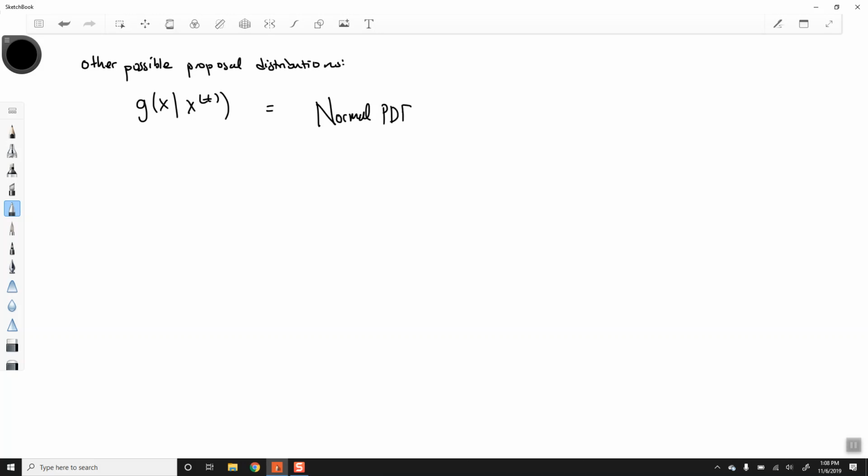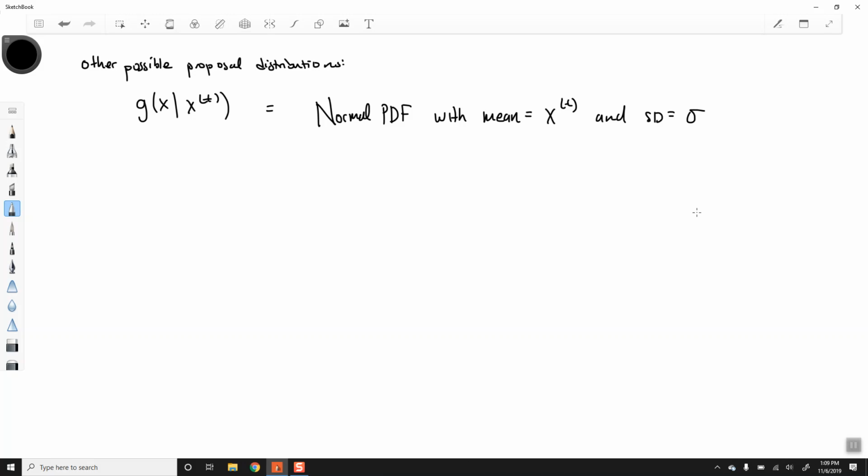Other possible proposal distributions: you could say g of x given x at time t is the normal PDF with mean equal to x at time t and standard deviation equal to some arbitrary value sigma.